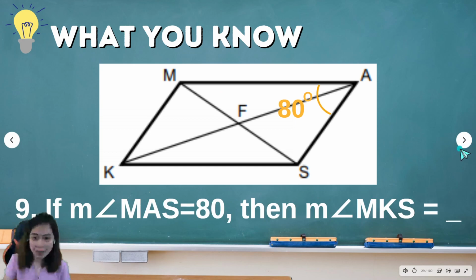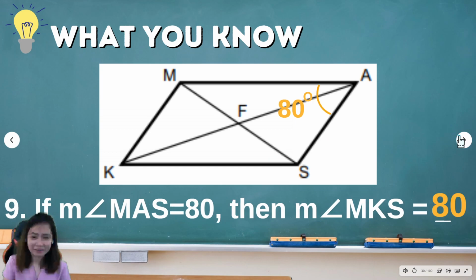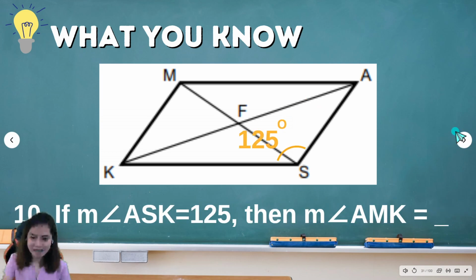How about number 9? If the measure of angle MAS equals 80, then the measure of angle MKS equals blank. Very good. The answer is 80. Number 10.